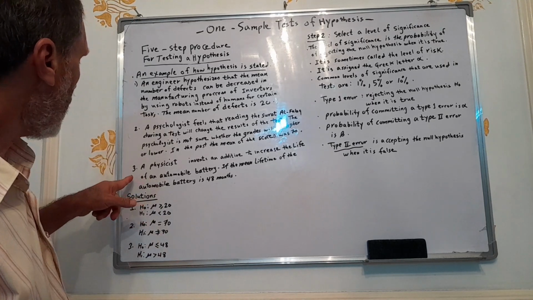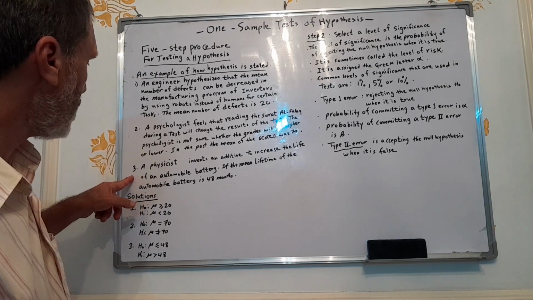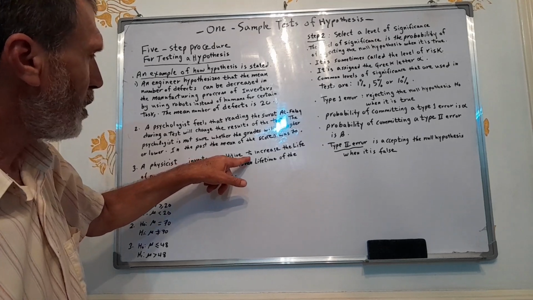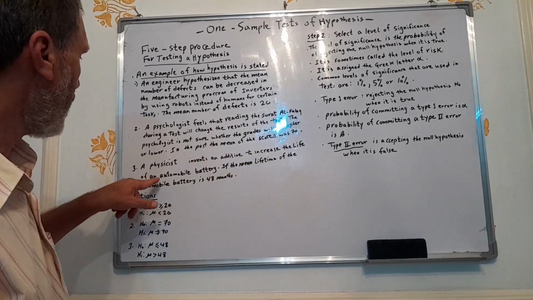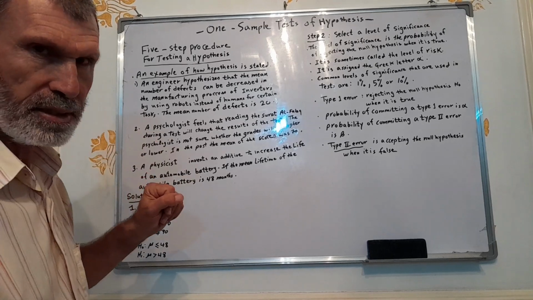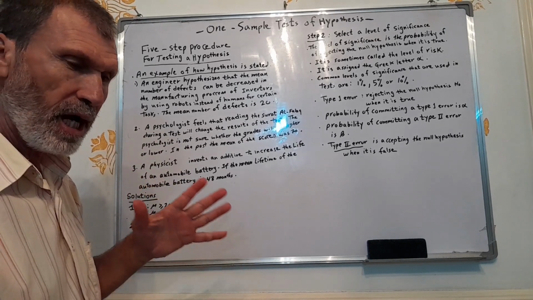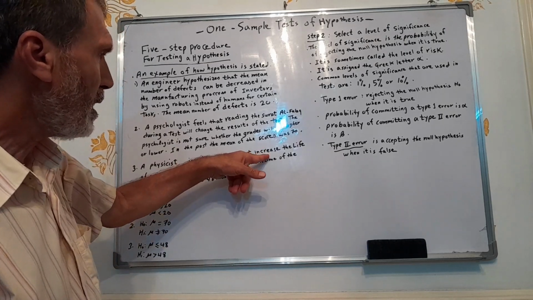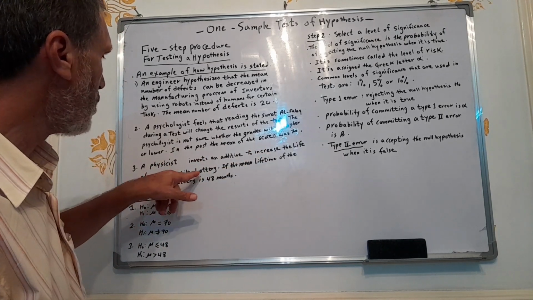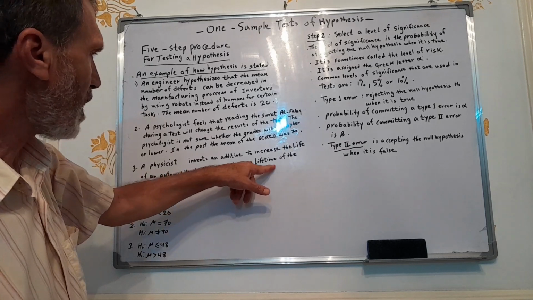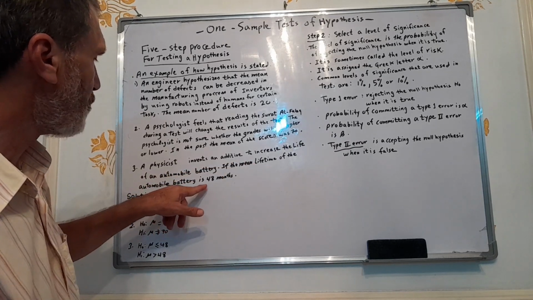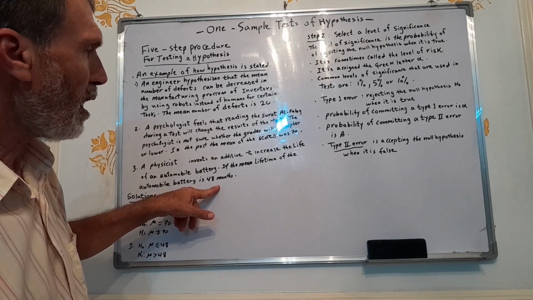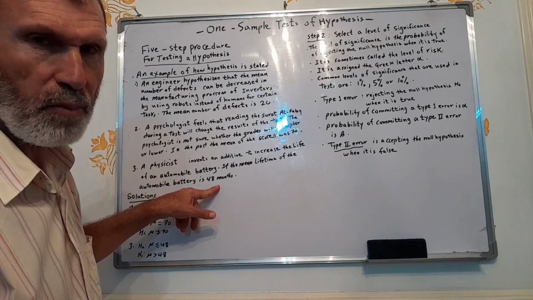Now look at the third question. A physicist invents an additive to increase the life of an automobile battery. This is the statement: to increase the life of an automobile battery, if the mean lifetime of the automobile battery is 48 months. So now how are we going to state the null as well as the alternate hypothesis?